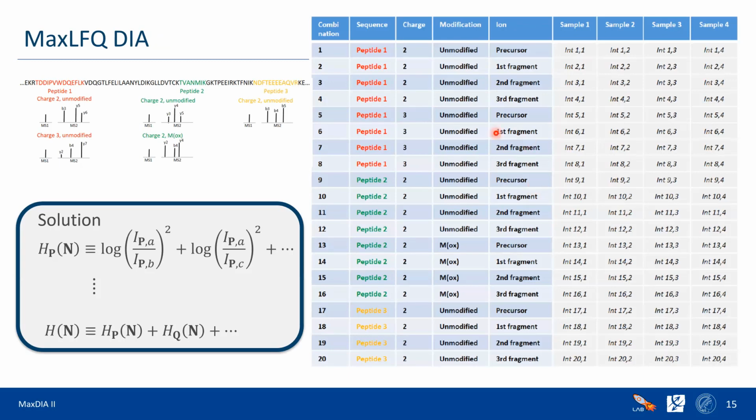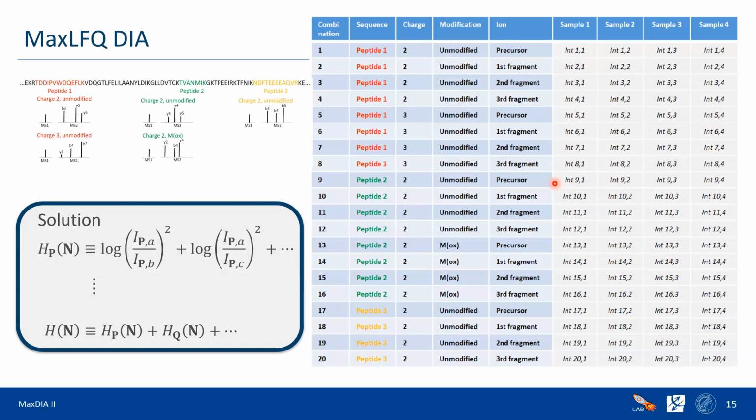So now we are increasing the dimensionality, the amount of rows in this table, and we are keeping together not just precursors, like peptide intensities in different samples, but also fragments. As I said, we are taking 3 fragments for each peptide. As you see, there's a peptide intensity plus 3 fragments of peptide 1, unmodified, charge 2, and we see also peptide 1, charge 3, and the peptide intensity and all 3 fragment intensities.